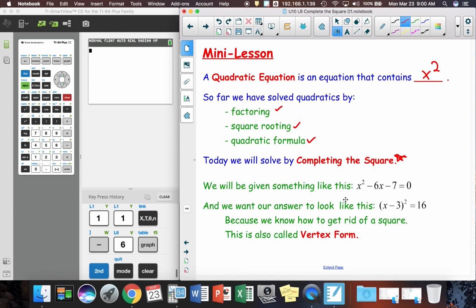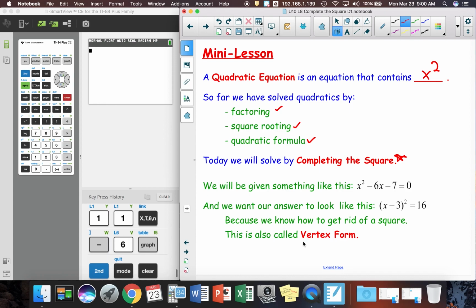Now, completing the square is essentially where you have to make something into a square. So we have this equation, which is a trinomial, and we turn it into something like this, where we have x minus 3 squared equals 16. We're going to go back to the square rooting method using completing the square. It'll make much more sense when we go through it.